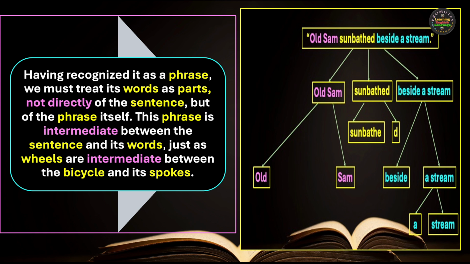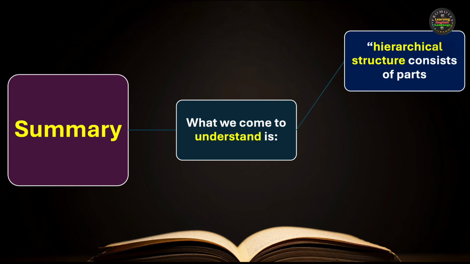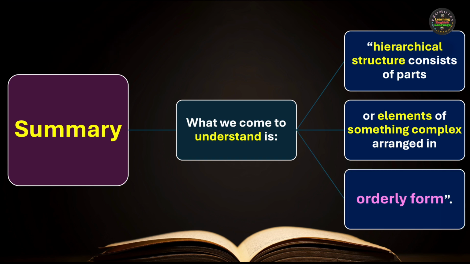I hope this makes the idea very clear. In summary, what we come to understand is that hierarchical structure consists of parts or elements of something complex arranged in orderly form. That is basically the philosophy behind the hierarchical structure of a sentence.